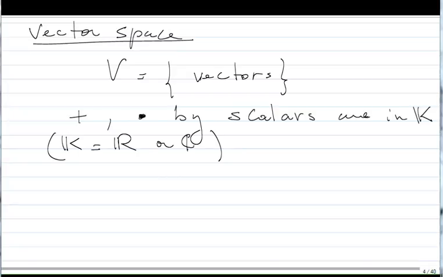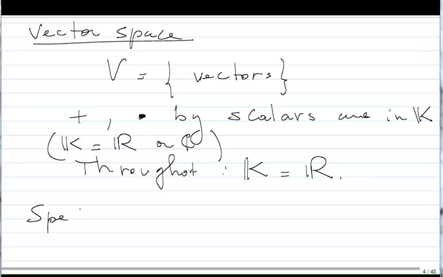There are many examples of fields that can be considered, and it leads to some very interesting vector spaces. In any case, throughout these web notes, I will take K to be R.